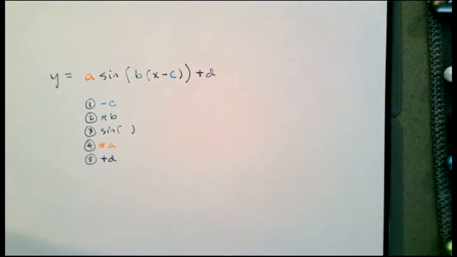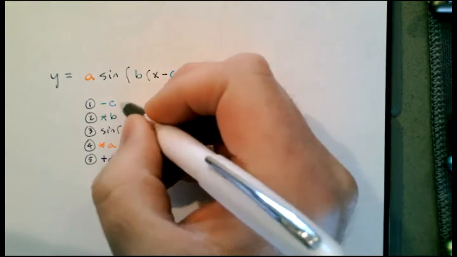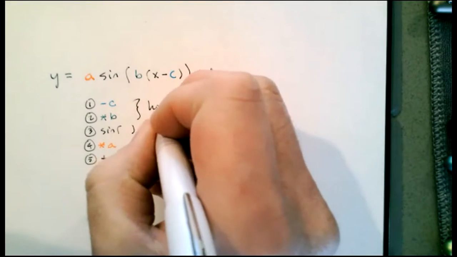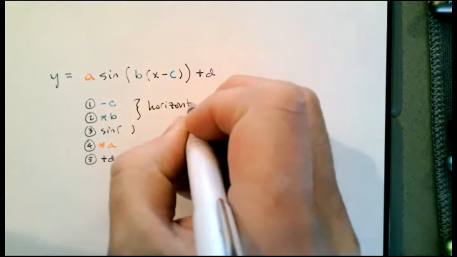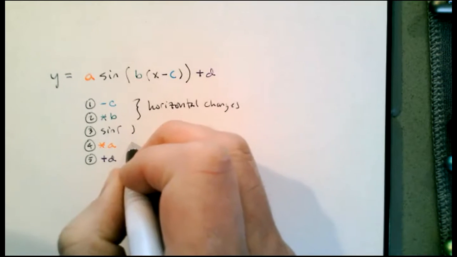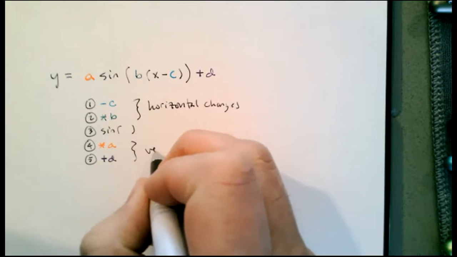Read the order of operations. We have things before the trig function. This is going to be horizontal changes. And then after the trig function is going to produce vertical changes.